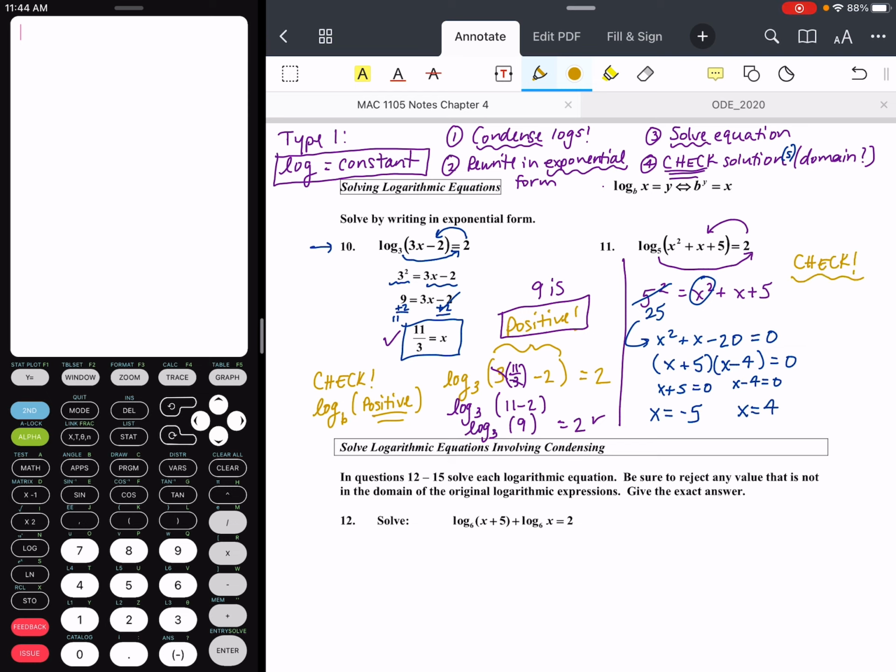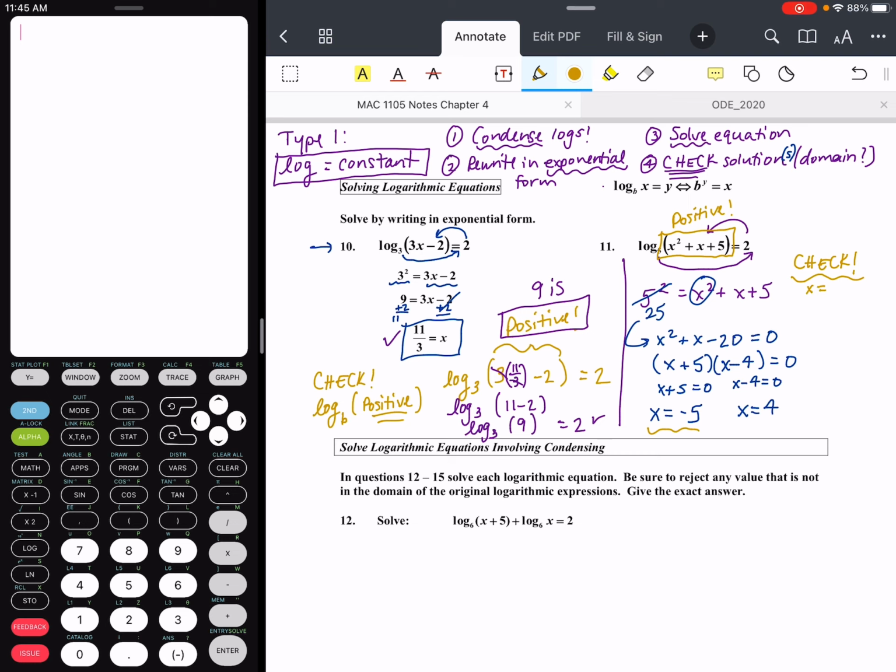Okay, and remember the thing that I'm focusing on is I need to make sure that this argument that I'm taking the log of is positive when I plug in these potential solutions. All right, so let's check x equals negative 5 first.